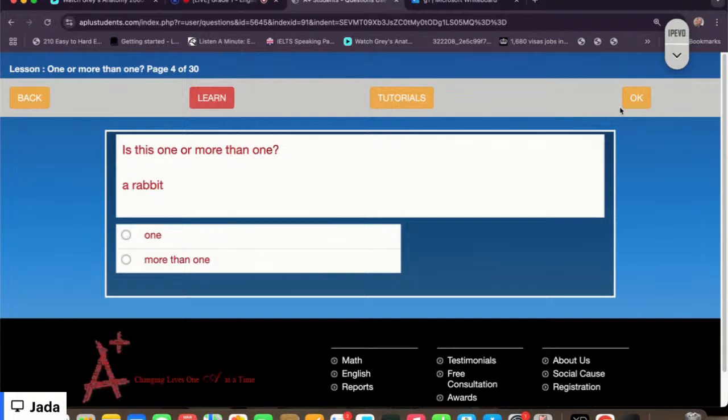Is a rabbit more than one or one? A rabbit is also one.